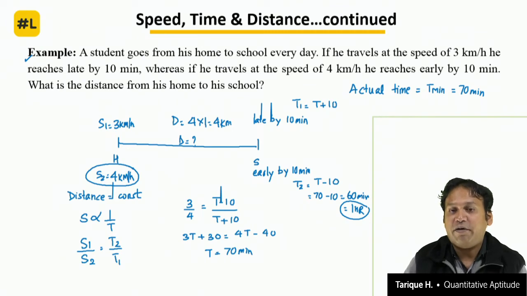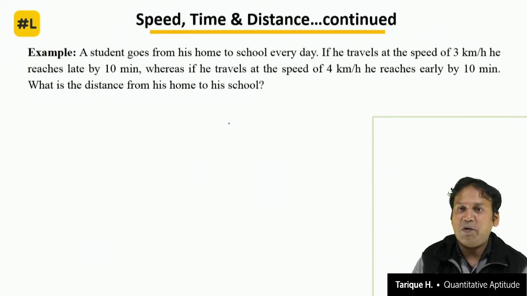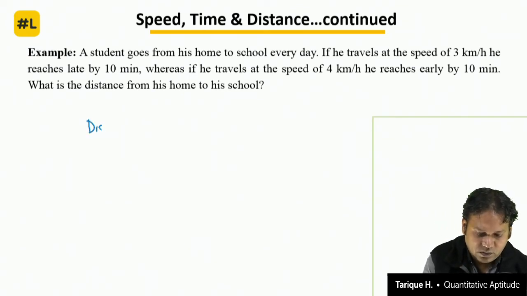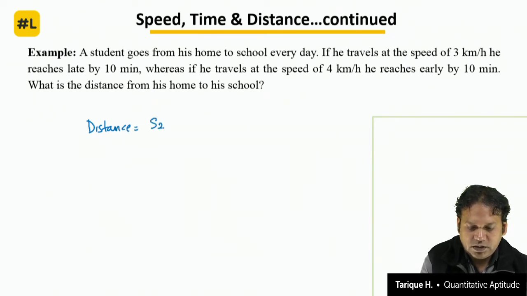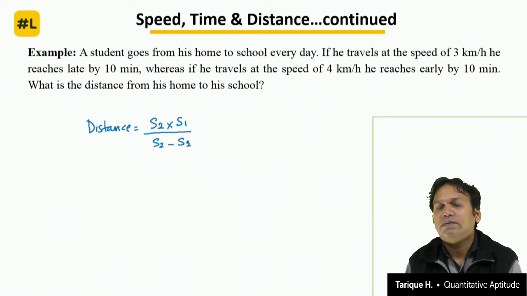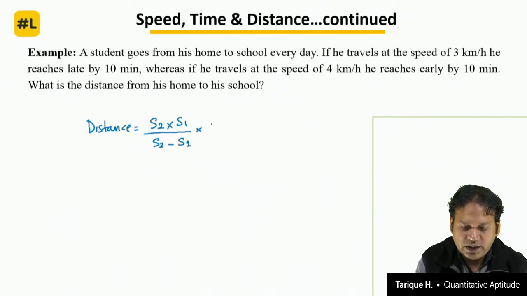Now there is a shortcut trick for solving this question that I will be discussing in this slide. Same question, but what is the shortcut technique? Distance is equal to S2 into S1 by S2 minus S1, into delta t, where delta t stands for change in time.